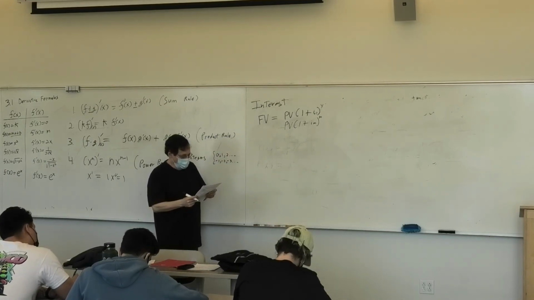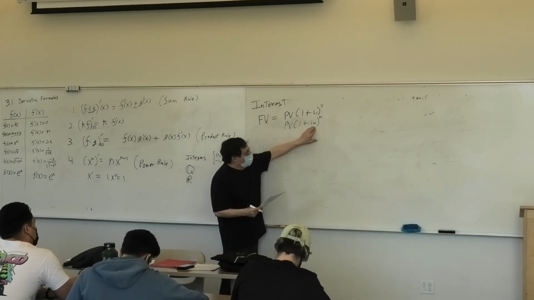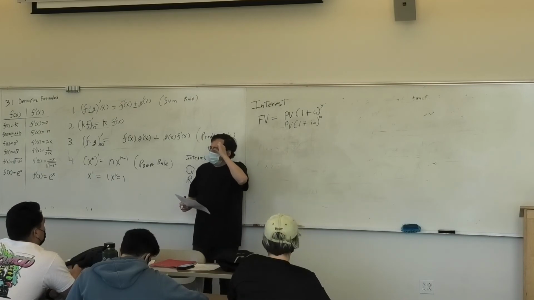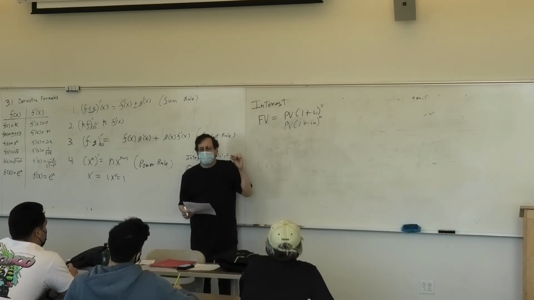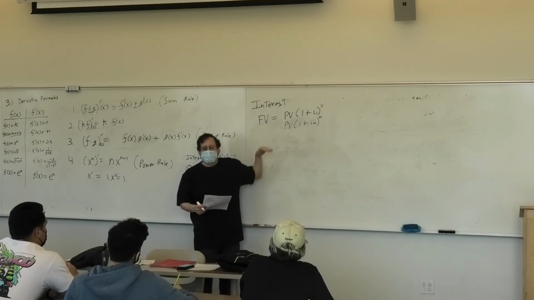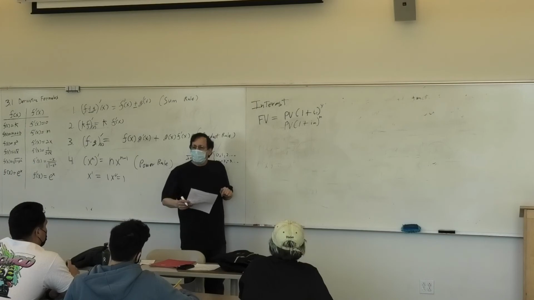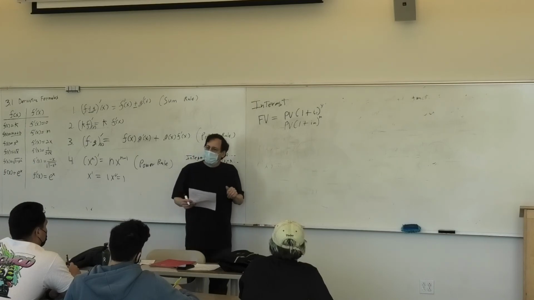As you start using smaller and smaller increments, you make a little more money, but at some point it levels off. It doesn't become infinite. Yeah, it's like an annuity. Annuity involves interest.